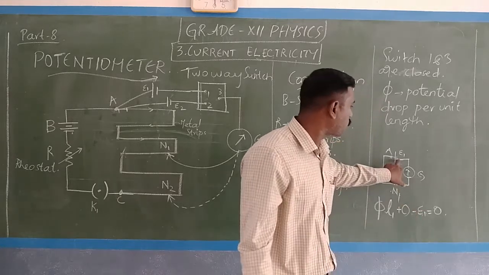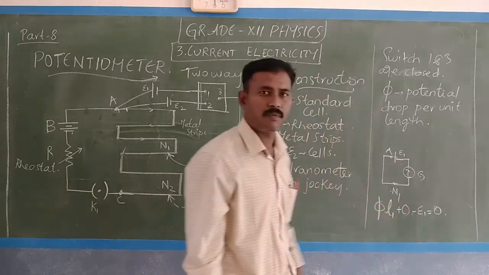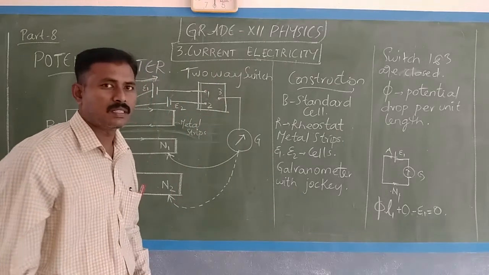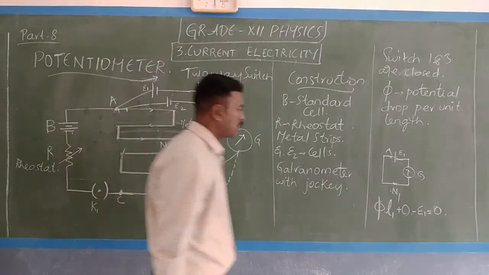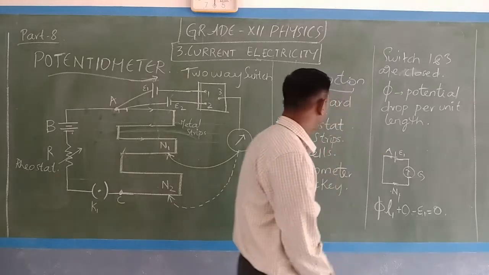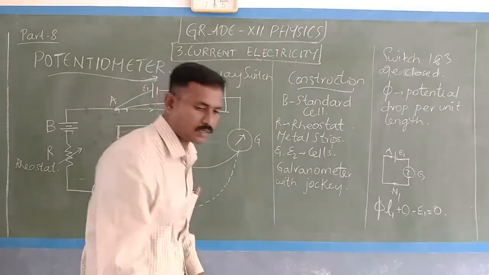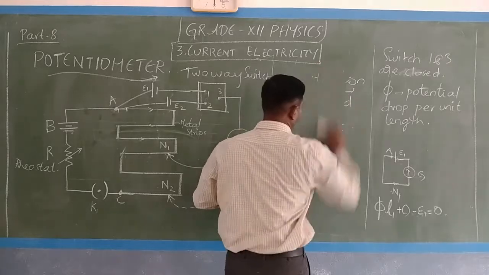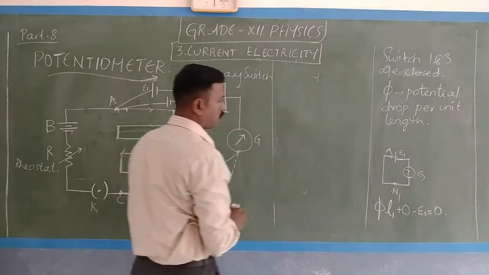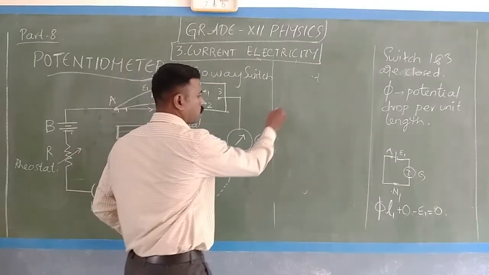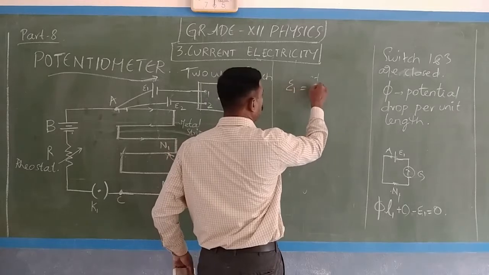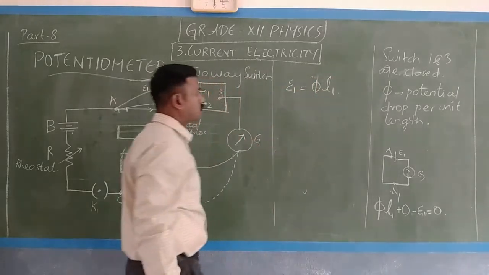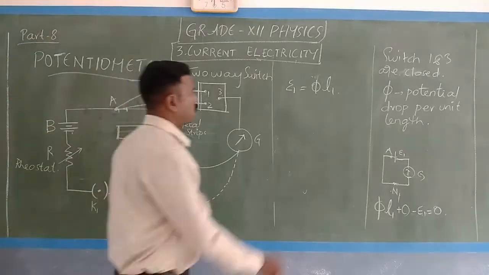E1 is the negative point, that is the cell, the potential of that cell E1. So this is the first equation.